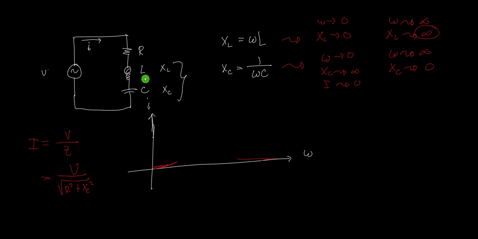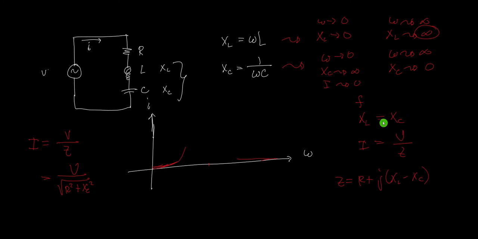But what happens when the proper frequency makes XL exactly equal to our XC? If that happens, then it can be located somewhere here. Let's say this is the frequency of that. Then our current, because again, I is equal to V over Z, and Z is equal to R plus j(XL minus XC), right?